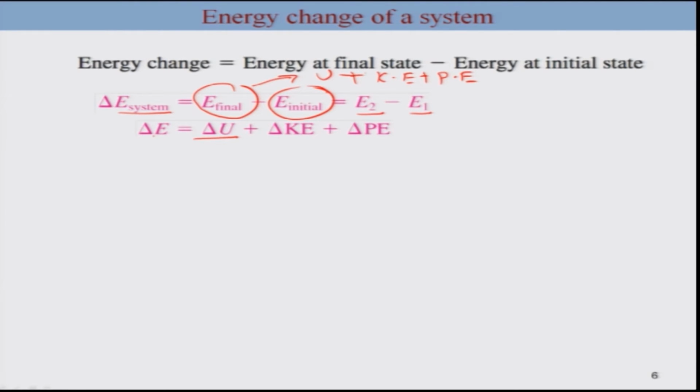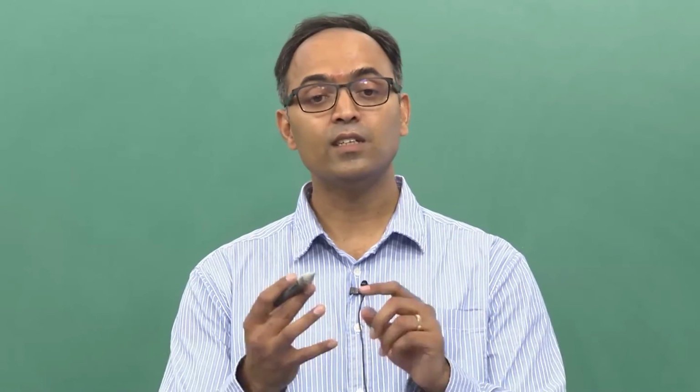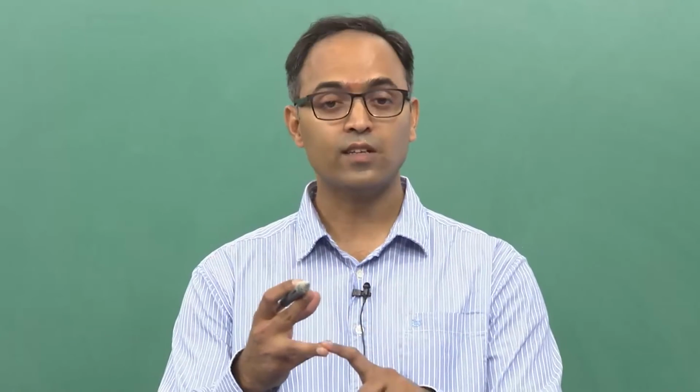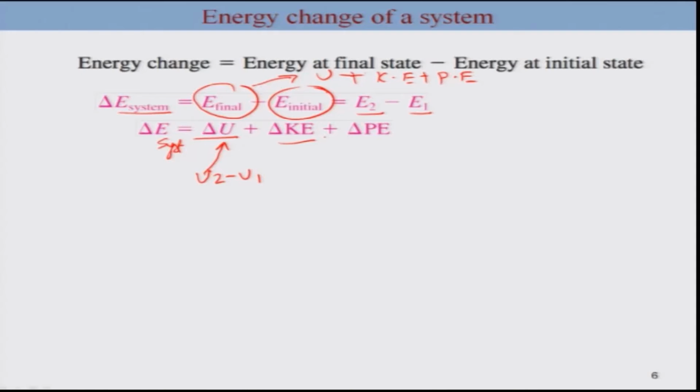In other words, you can write delta E of the system as the change in different components of the energy: the change in internal energy, that is U2 minus U1, and similarly delta KE and delta PE. We are assuming there is no magnetic effect, no electric effect, no surface tension effect, because gravity is considered as part of potential energy.